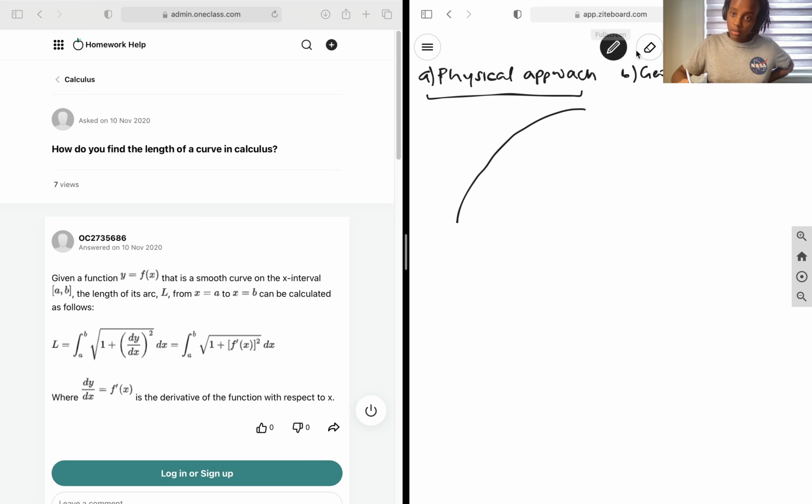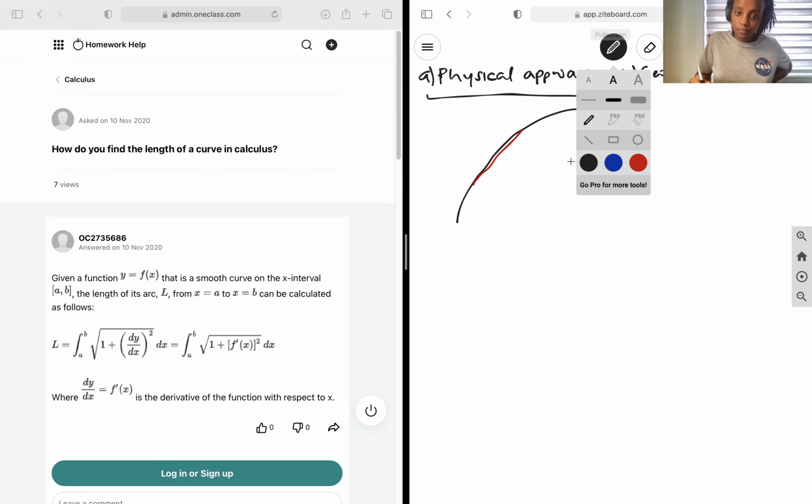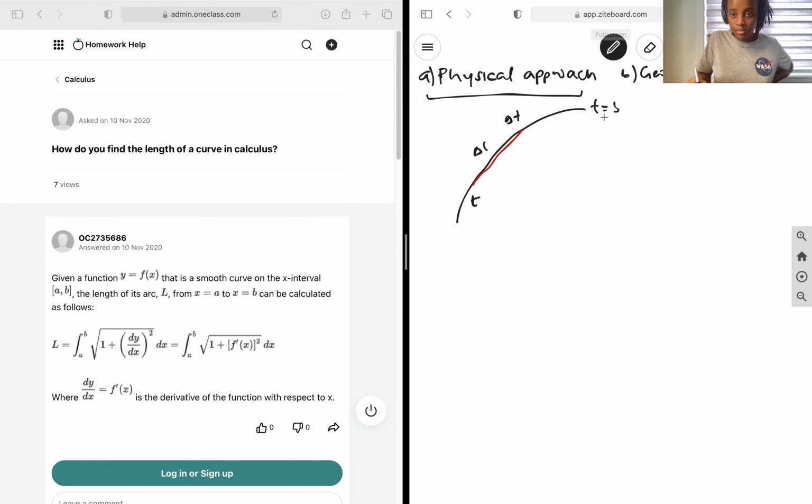And now let's approximate it by using a secant line, just like we did in graphs when we were first introduced to the concept of tangents, right before derivatives, right before integrals. And let's call this delta L, of course. Starts at t, ends at t plus delta t. Entire path ends at t is equal to b. Entire path starts at t is equal to a.